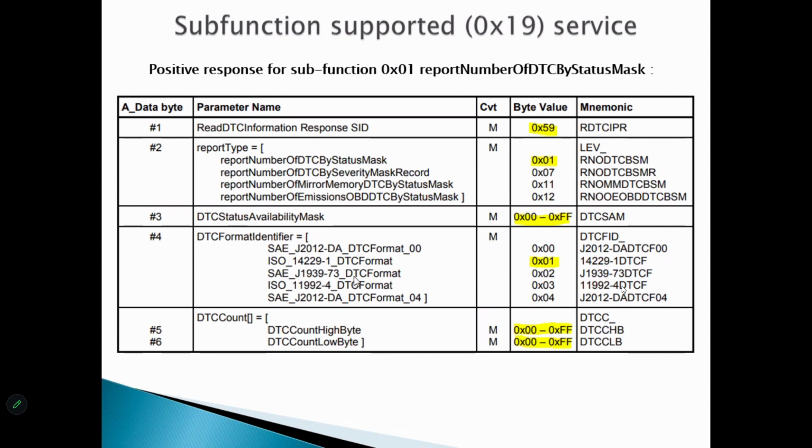SAE J1939 is used for off-road vehicles. Some are industrial DTC formats. For our passenger vehicles, we are using the ISO 14229-1 DTC format, and its value will be 0x01. Always remember, mark and note.